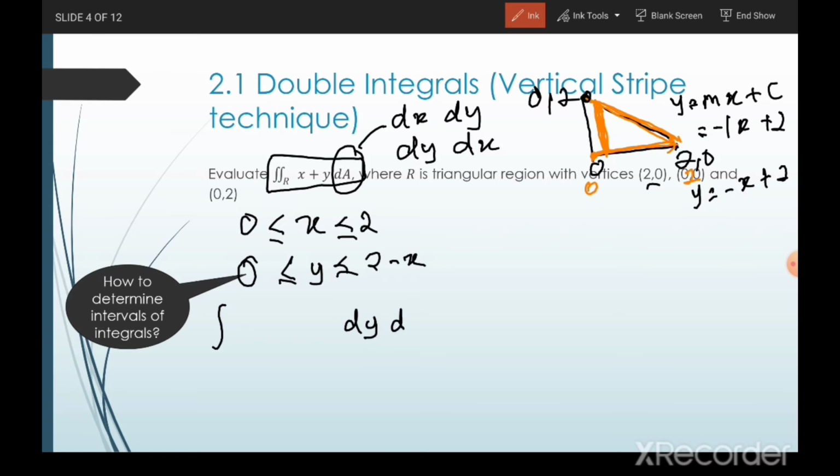For this one we use vertical, so we use dy dx. So x is between 0 and 2, and y between 0 and 2 minus x. The function is x plus y. We will solve it by using the double integral.